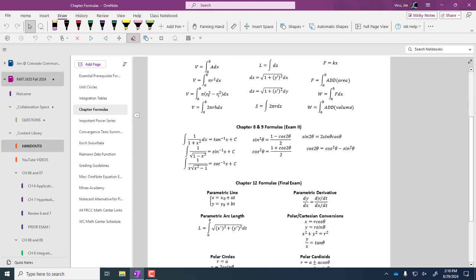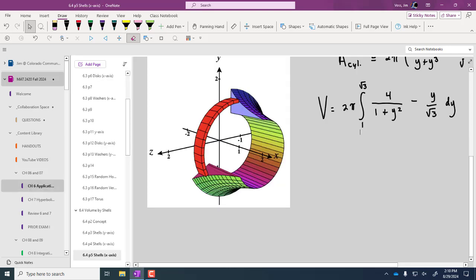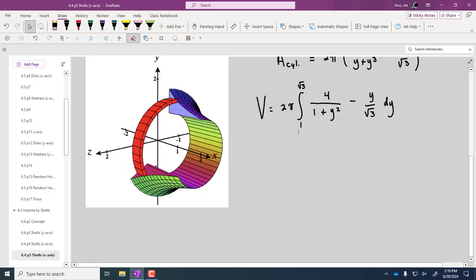We're going to do a lot of them in chapter 8 and 9. In this chapter, there's two examples that I can think of where we have to integrate to an inverse trig function. So here they are, though, as a reminder. They're in the chapter formulas for the class. The one that you will see the most is the inverse tangent one. You will see it probably several dozen times this semester.